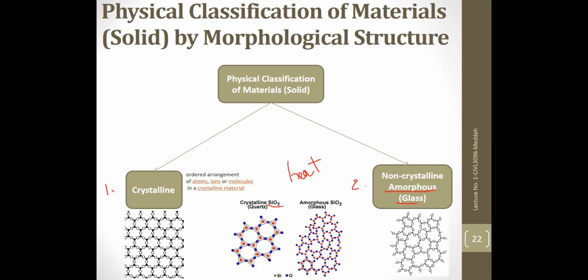So they have completely different properties. Reactivity is different. This one is non-reactive, and this one is a reactive material when it is in a powder state, or a powdered material.